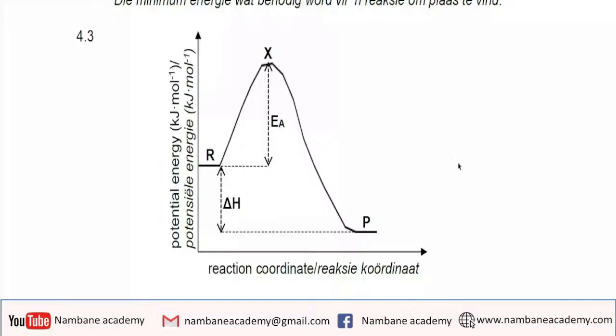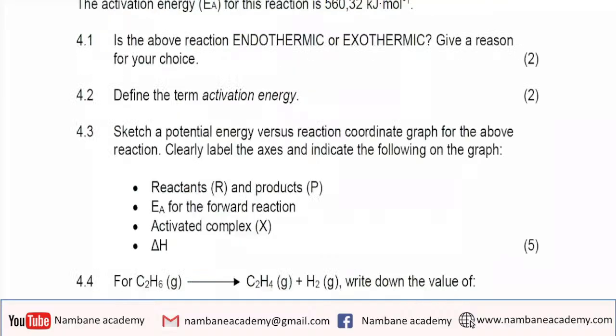If they are just writing delta H, we are not going to assume that it starts from the heat of the reactant up to the heat of the product. So no. Then we can move to 4.4.1. Question 4.4 says for C2H6, which is ethane, it breaks down to C2H4 and H2.